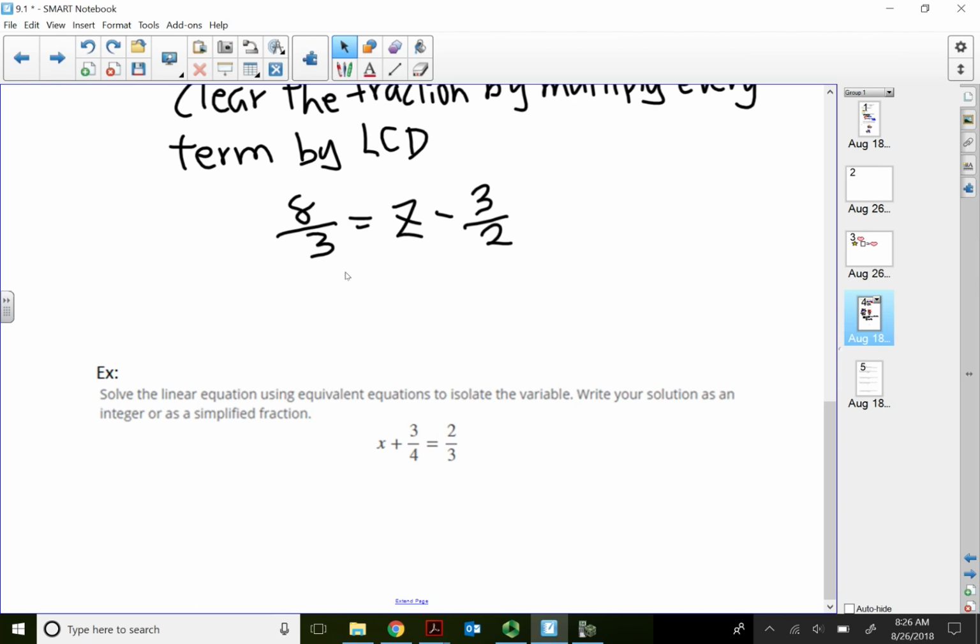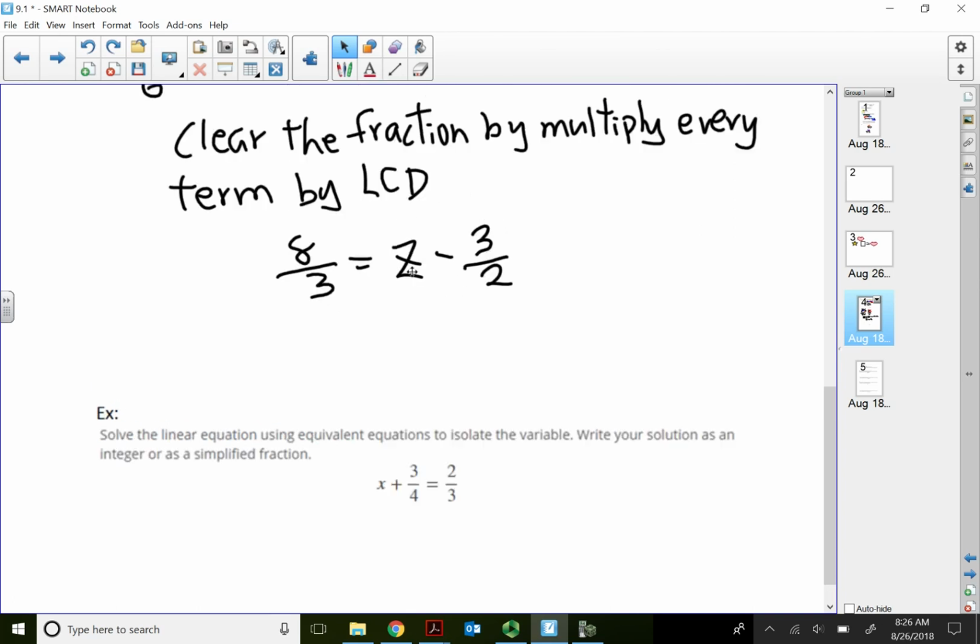All right, so I got 3 terms. Clear the fraction by multiplying every term by the LCD. So Z means Z over 1. So my denominators are 3, 1, 2. So the LCD between 3, 1, and 2 is still 6. So now I multiply my first term by 6, my second term by 6, and my third term by 6.